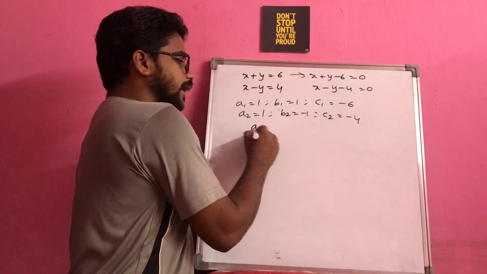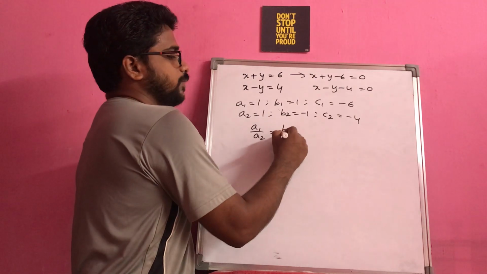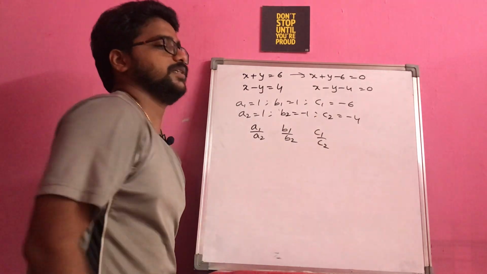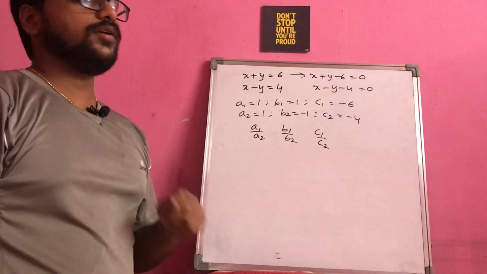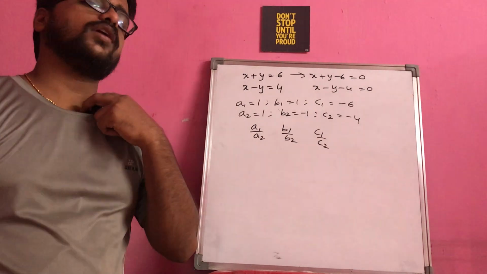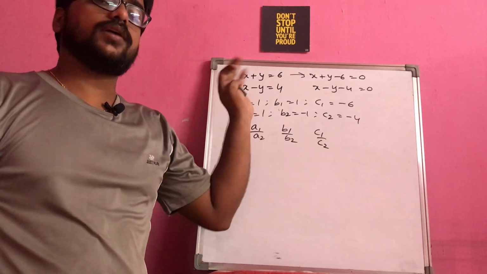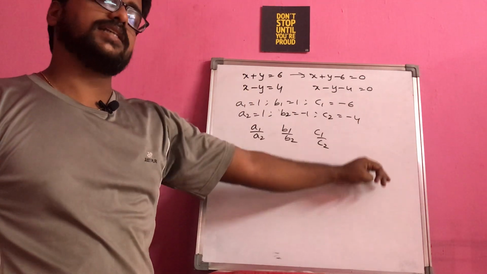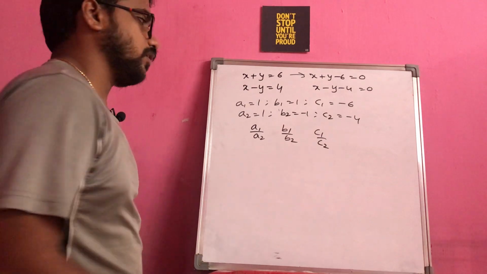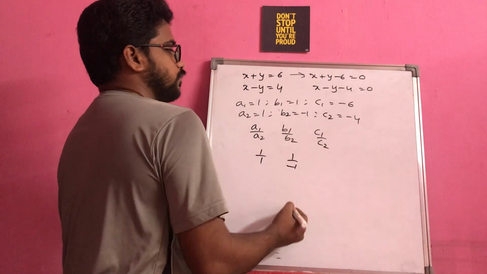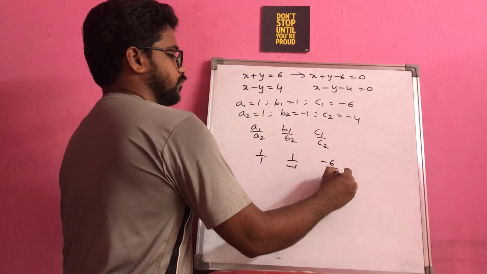So if you take a1 by a2, b1 by b2 and c1 by c2 ratios, accordingly you can come to a conclusion whether we are having the same values or not, based on which you can check in which category it will fall. So a1 by a2 is 1 by 1, b1 by b2 is 1 by minus 1, c1 by c2 is minus 6 by minus 4.